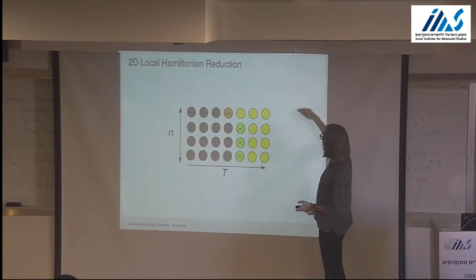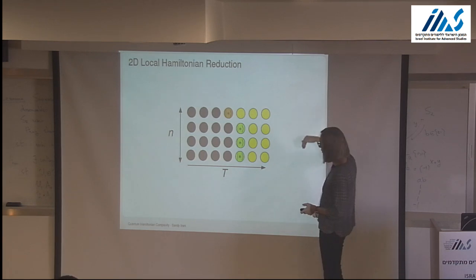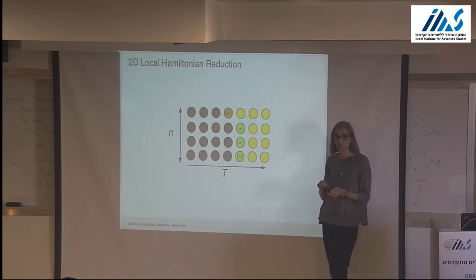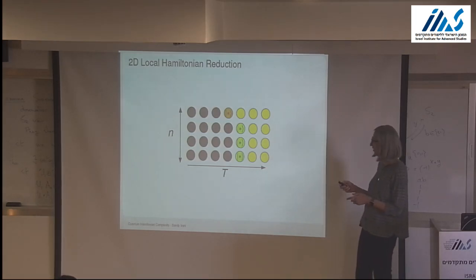Question in the back? The question is, when I'm going down, the gates are done sequentially, but I can only have a certain pattern of gates. Then I copy the qubits over as the little cursor propagates up, and then I execute another row of gates. Any circuit can be, with polynomial overhead, transformed into a circuit that has that special pattern. I should have drawn that circuit, but I didn't.